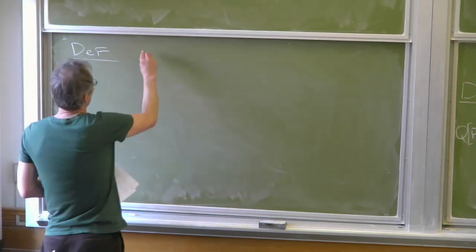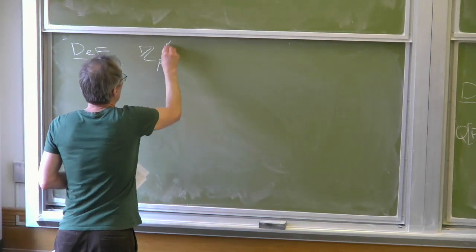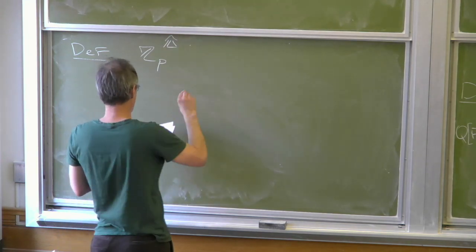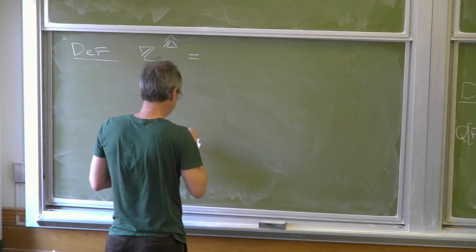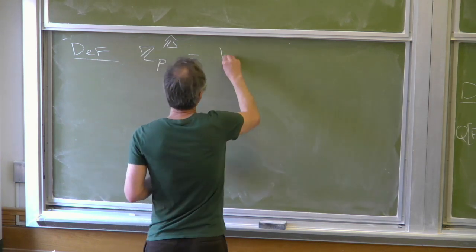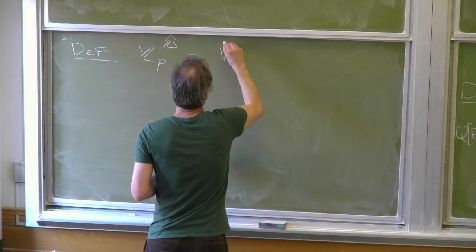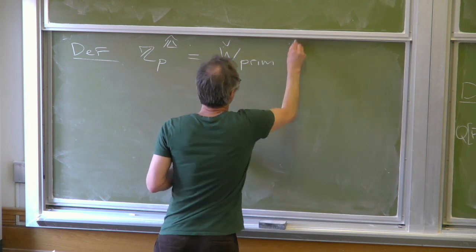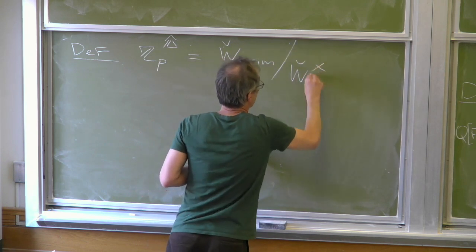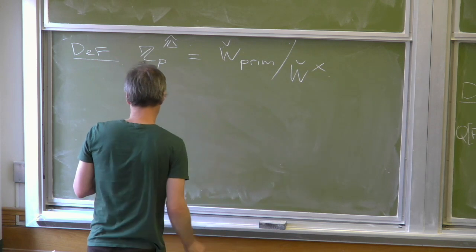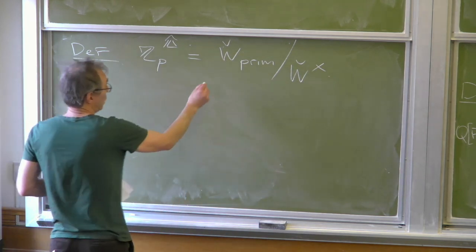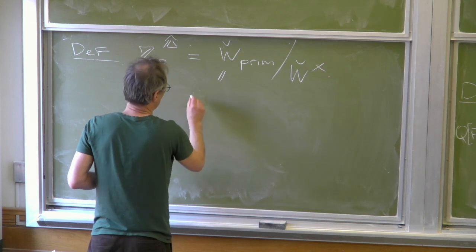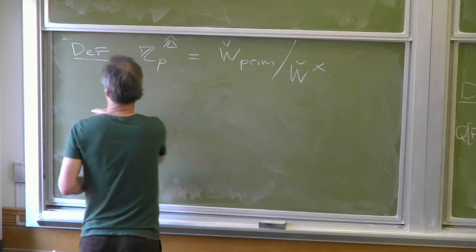For instance, Cp sheared prismatized is the quotient of W check modulo W check. What is this?